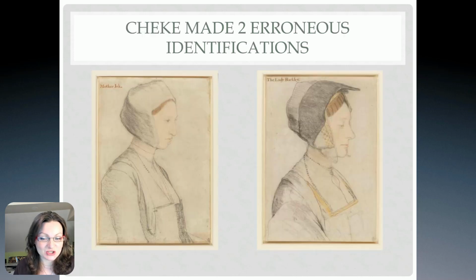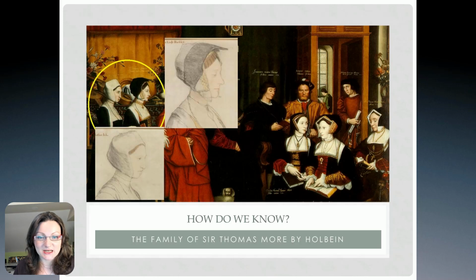Now, John Cheke made two erroneous identifications. As you can see here, he identified one woman, the one on the left, as Mother Jack, and the one on the right as Lady Berkeley. Now, those two women appear in the family of Sir Thomas More by Hans Holbein.